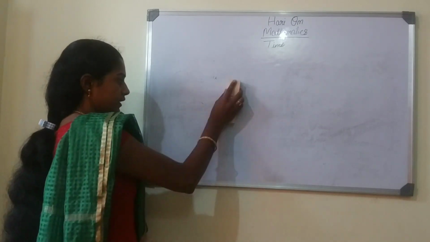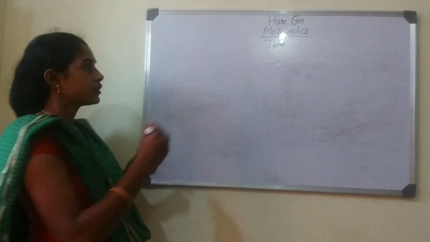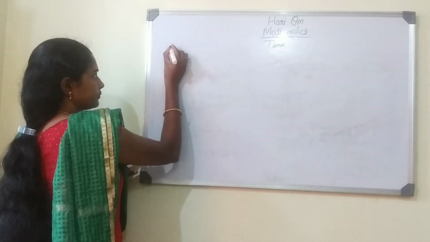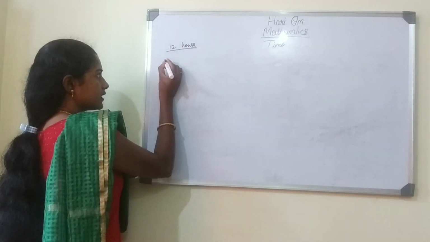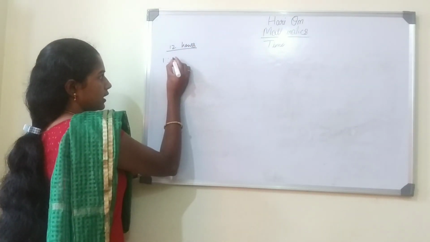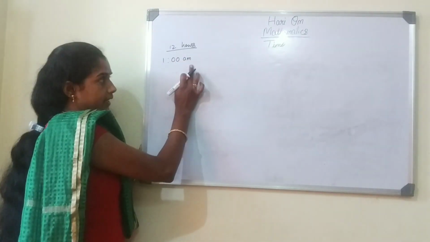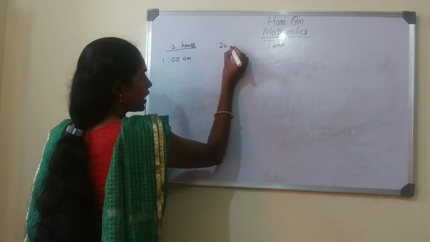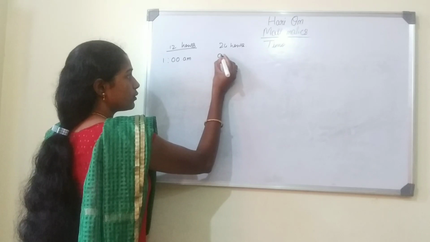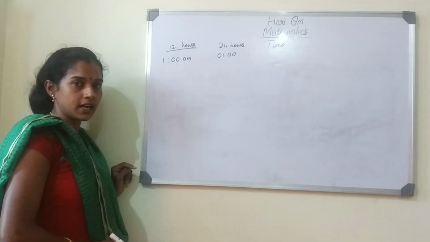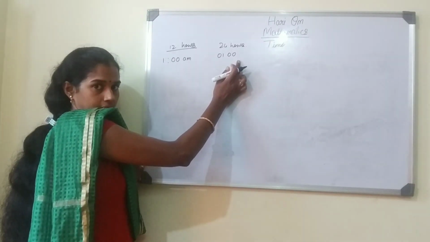Okay, children. So if it is 12 hours, if it is 1 a.m. in 24 hours, we write it as the same 0100. Understood, children? Here 1 o'clock will be 1 hour.